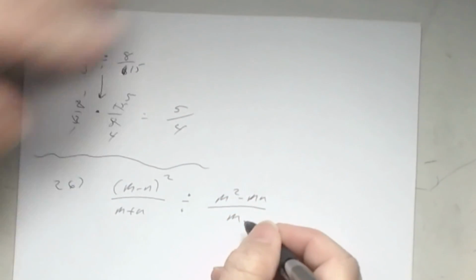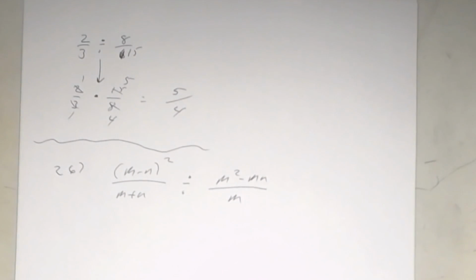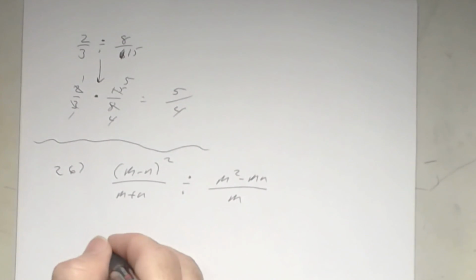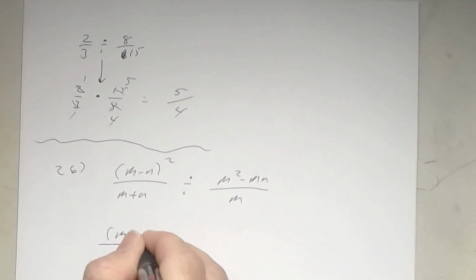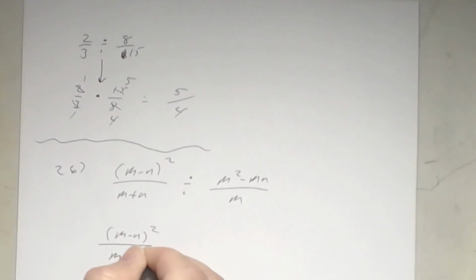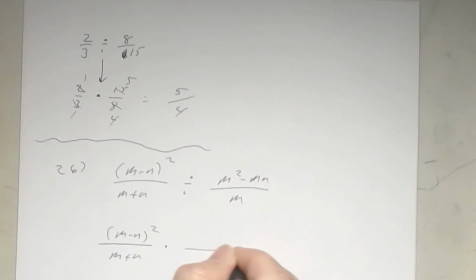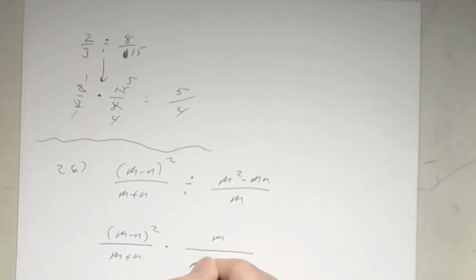All right, so that's a problem. Do the same thing you do for reciprocal. Now remember, we're dividing rational expressions. Step 1, when you're dealing with division, is change to a multiplication problem. So the first fraction stays the same. Now say times m over m squared minus mn.